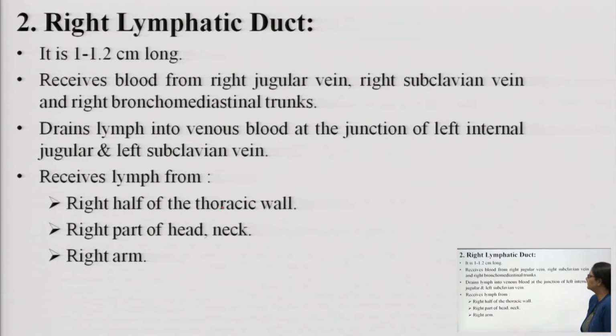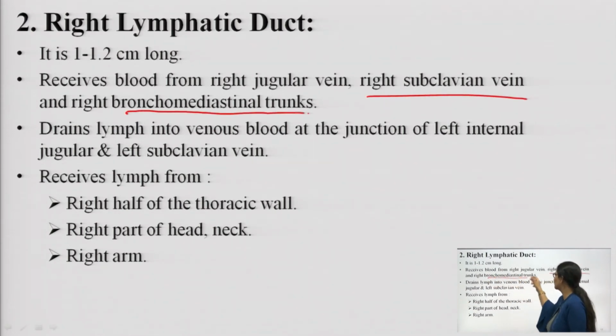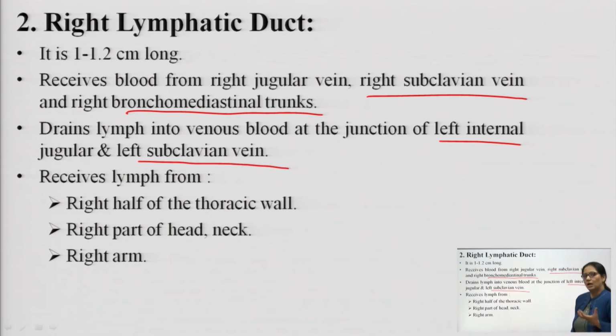Then the right lymphatic duct: its length is 1 to 1.2 centimeters. It receives the lymph from the right jugular vein, right subclavian vein, right bronchomediastinal trunk, and drains the lymph into the venous blood at the junction of the right internal jugular and right subclavian vein.